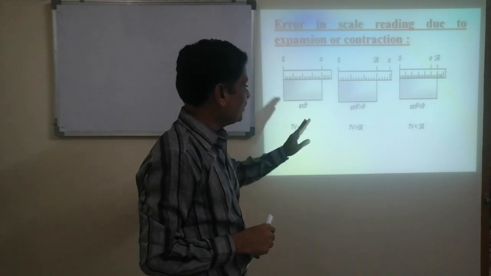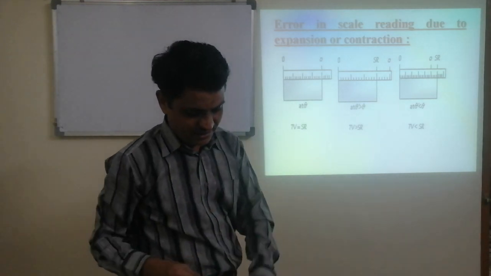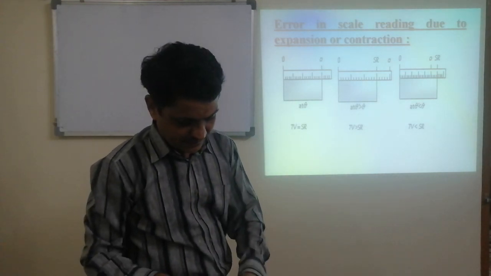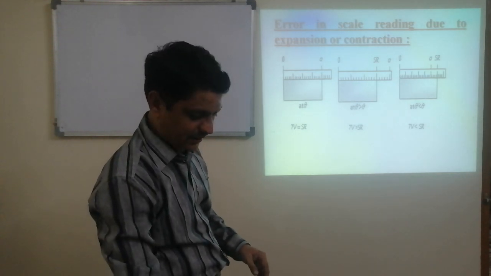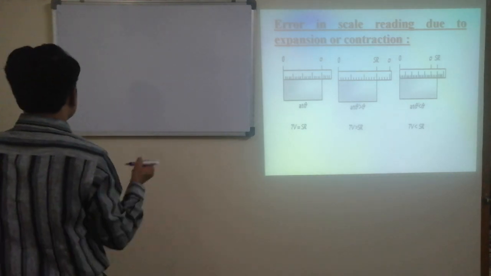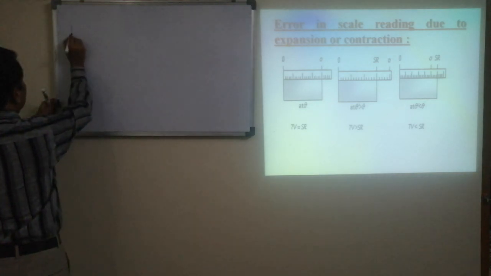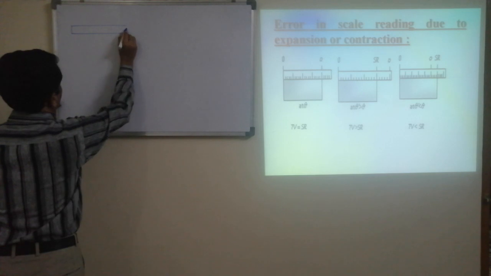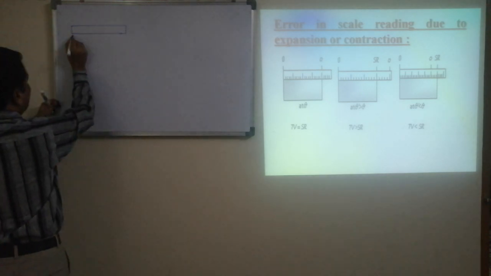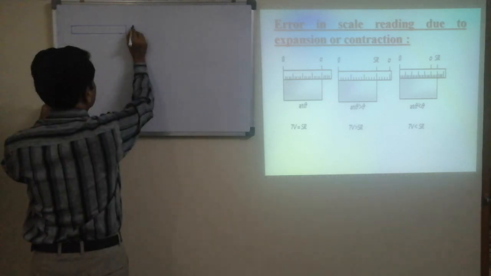See, at a normal temperature, say theta, here I am representing the temperature by theta. Say it is my scale. It is the scale. And I will take 3 cases.